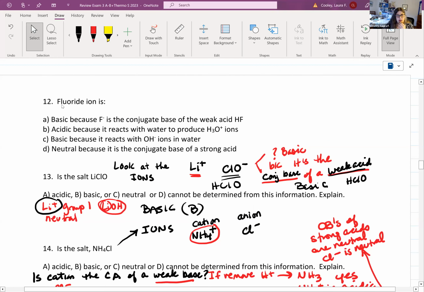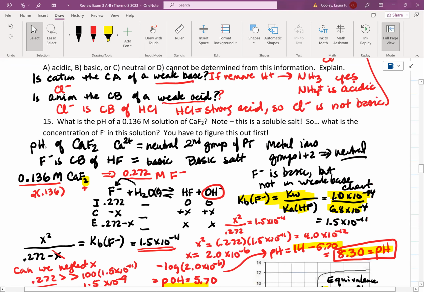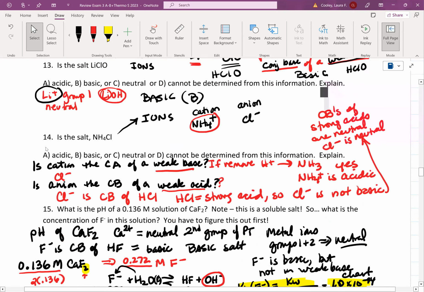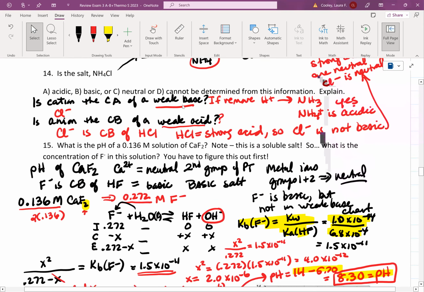What's the answer to 12? I just need to take a quick look at 14 again. Okay. So if it's the conjugate base of a strong acid, what does that make the anion again? Neutral.